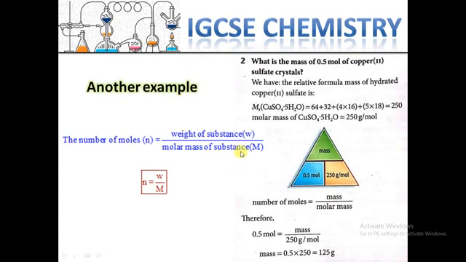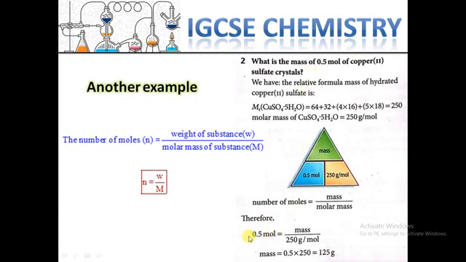And okay, we have this number, and the question gave us 0.5 mole, the number of moles. Okay, and we are looking for the mass, weight of substance, this one. Okay, molar mass we calculated. We are looking for mass. This is the number of moles that the question gave us.